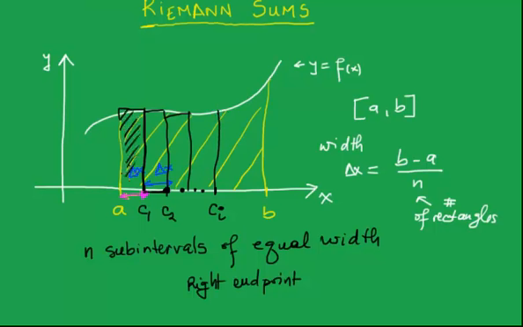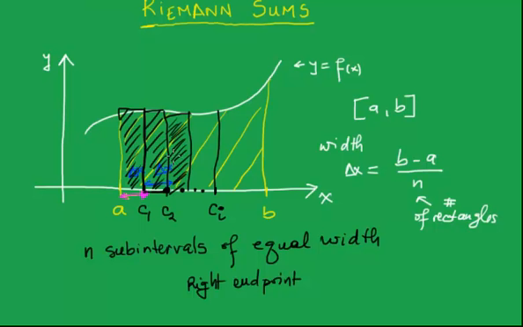So now the goal that we have here is we're going to approximate that area with the area of these rectangles. So we're going to compute the area of each rectangle and add them all up. This will give us an approximation of the area that we wanted to compute. But remember, we want to be able to find the exact area.